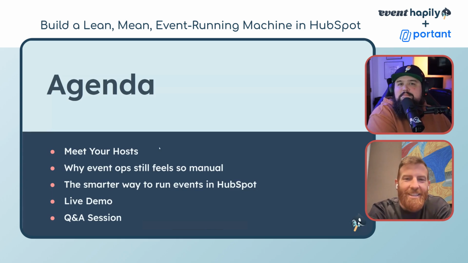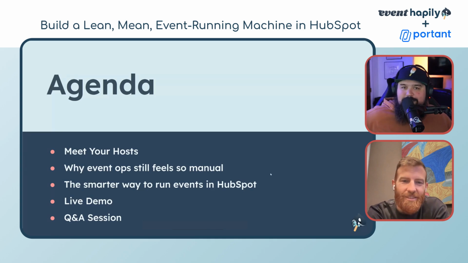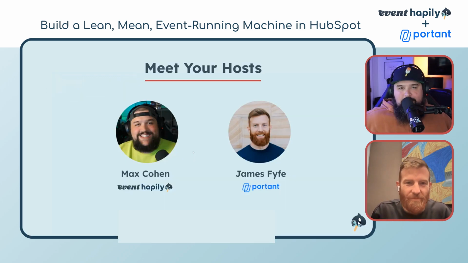But we're also going to be mixing in a little bit of what Portant brings to the table. And we're going to talk about document generation in HubSpot, but specifically through the lens of managing events. You can generate documents for damn near anything these days, but it becomes something special when you mix in your event management experience with this.